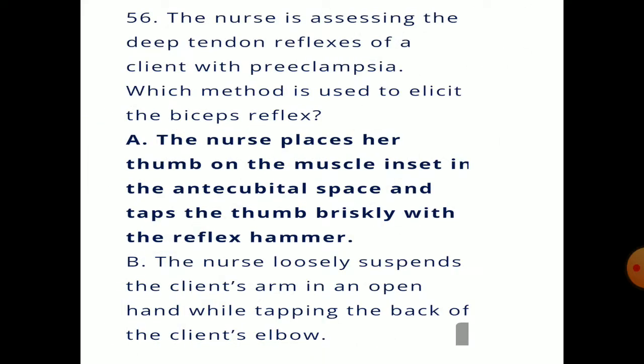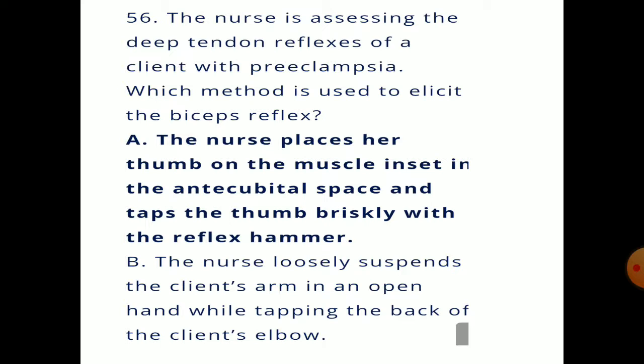Question number 56. The nurse is assessing the deep tendon reflexes of a client with preeclampsia. Which method is used to elicit the biceps reflex? Options are: A, the nurse places her thumb on the muscle insertion in the antecubital space and taps the thumb briskly with the reflex hammer.